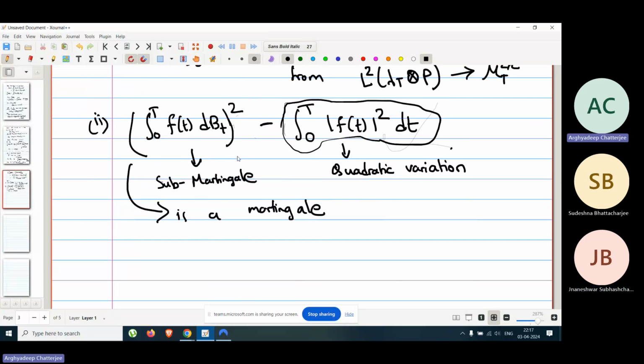That would depend on f. The exact formula that comes in will depend on f, but in general this is the form: we square it and just subtract the quadratic variation of this inner process.